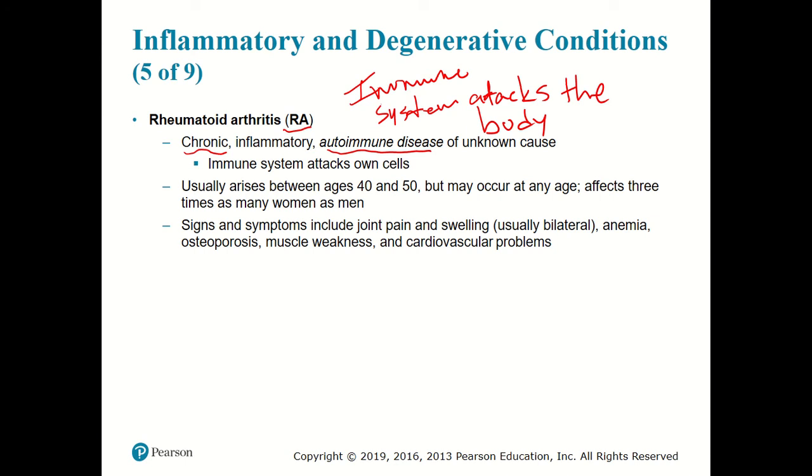Usually what accompanies it is joint pain, swelling. We've got an issue with osteoporosis there. We see muscle weakness and cardiovascular problems. And why do we see these two in particular?